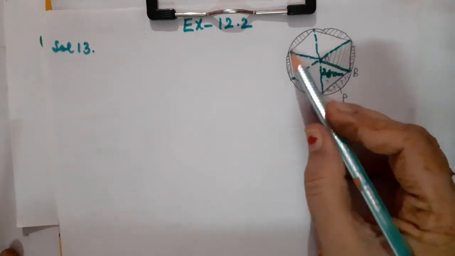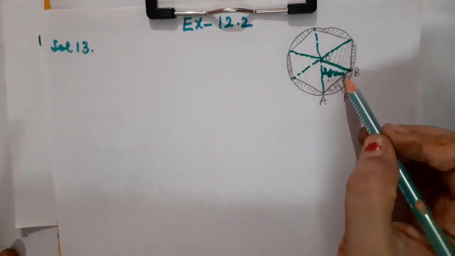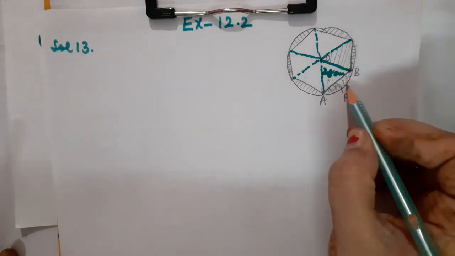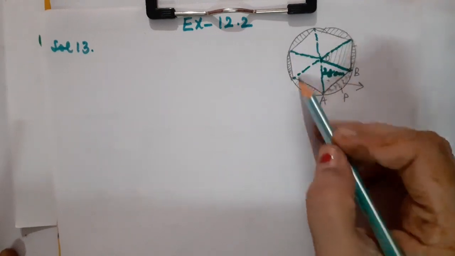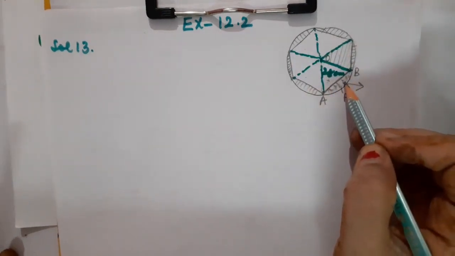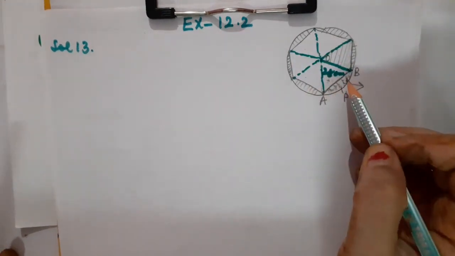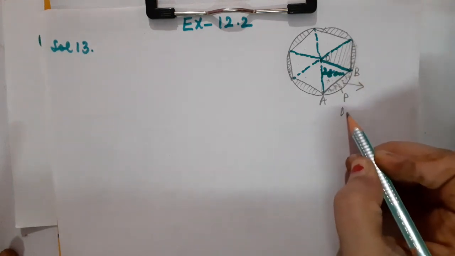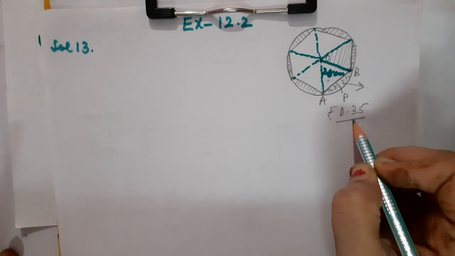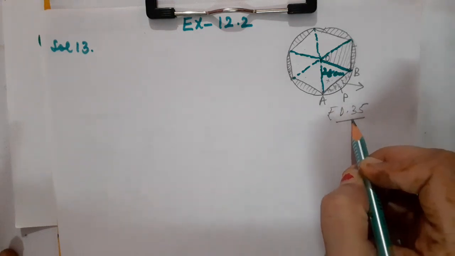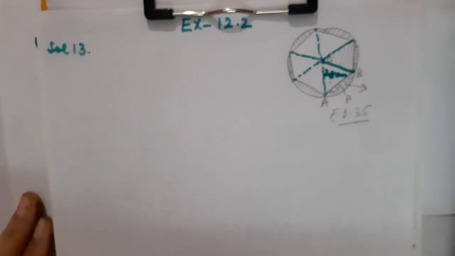You know that there is an equal design made. So after calculating the area of one segment, you can multiply it by 6 to know the total area and then multiply it by 0.35 rupees, which is actually the cost per square centimeter. Clear, children? So let us start its solution.